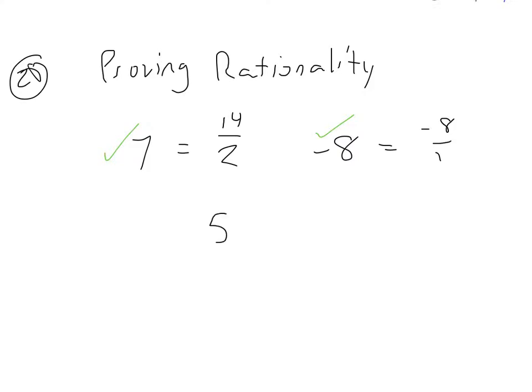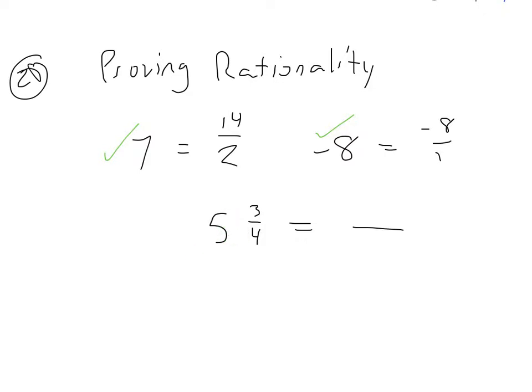Well, how about 5 3/4? Is that rational? Well, let's see. If it's rational, it means I can write this number as the quotient of two integers. So it's going to look like some number divided by another number. And if I can get something there that is the same as that, then it means this is rational. Well, we have a mixed number.